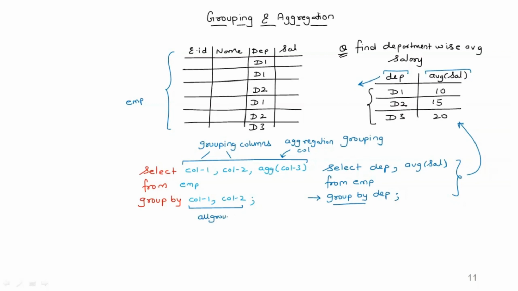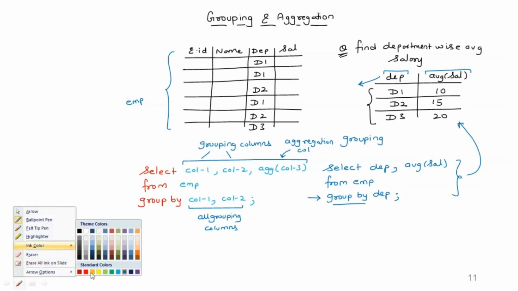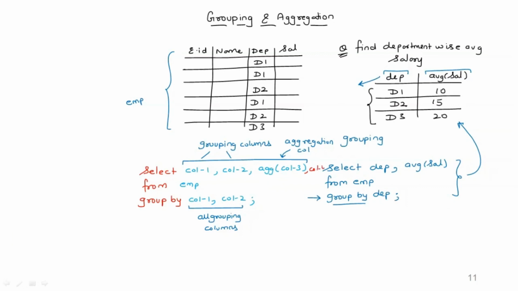Now if you try to put anything apart from this, you will get an error. So let's say I have added column number 4 also over here, and I have not mentioned it over here, I'll get an error. So we have to make sure that while we are using the group by clause, in my select statement I have properly defined the grouping column and the aggregation column, and all the grouping columns are declared in my group by clause. This is one important thing.